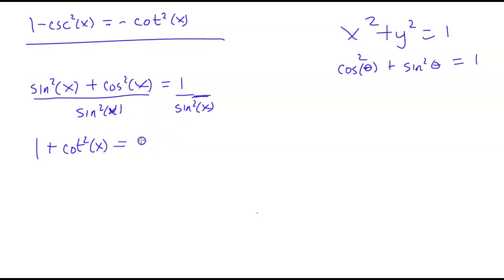And 1 divided by sine squared is cosecant squared. And so now all we need to do is algebraically rearrange this equation to solve for 1 minus cosecant squared. If I subtract cosecant squared on both sides, and subtract cotangent squared on both sides, you see that we get this identity here. So that's where that comes from.